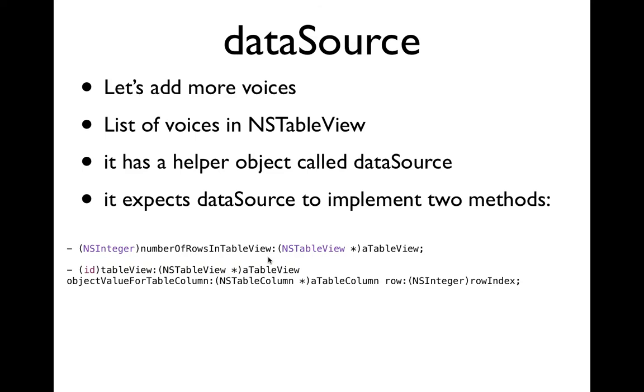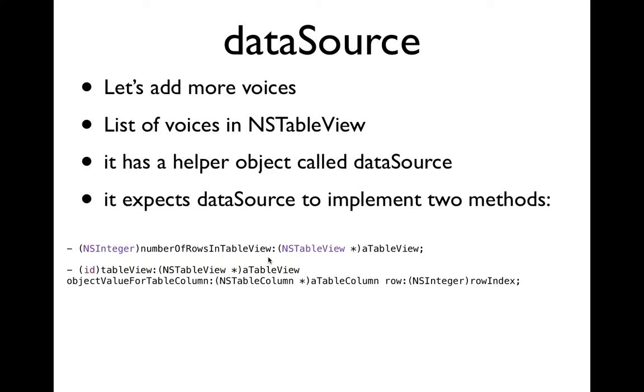When the table view is created, it calls its data source and asks, how many rows do I need? The data source should know, because the number of rows depends on what data is to be shown. We created this method and just returned the number of elements in an array, because we used the array of voices from NSSpeechSynthesizer as the data source.